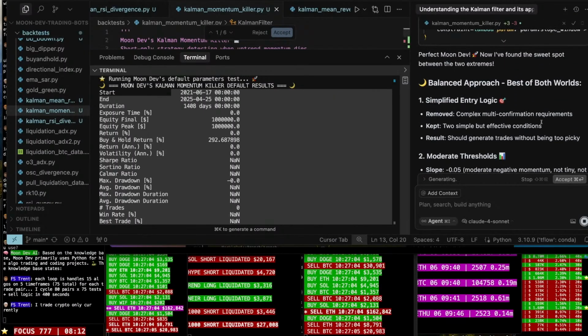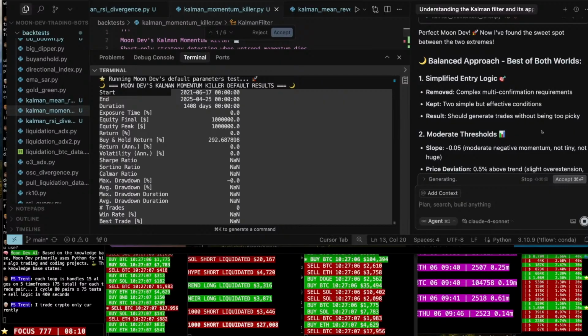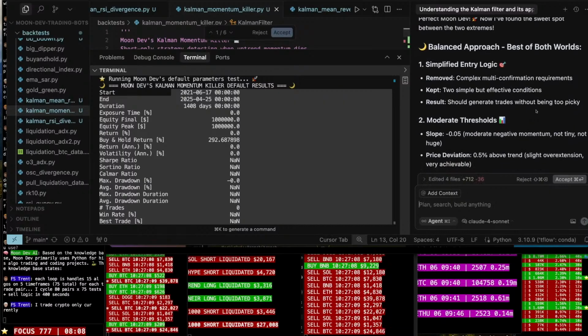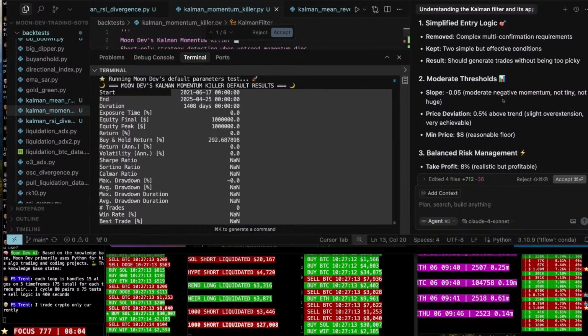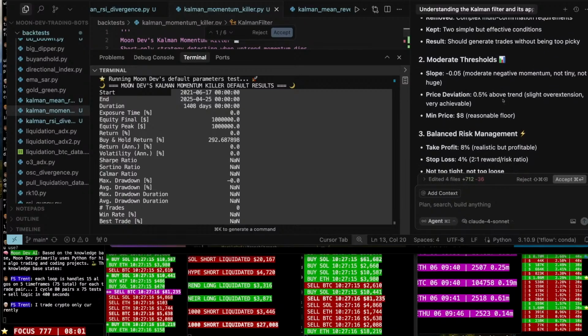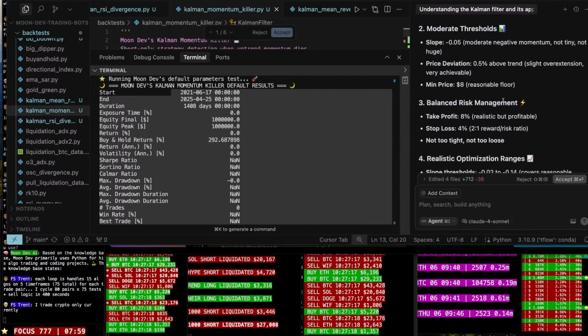So what did it do? Balanced approach, best of both worlds. Removed complex multi-confirmation requirements. Simple but effective conditions. Should generate trades without being too picky. Moderate thresholds.